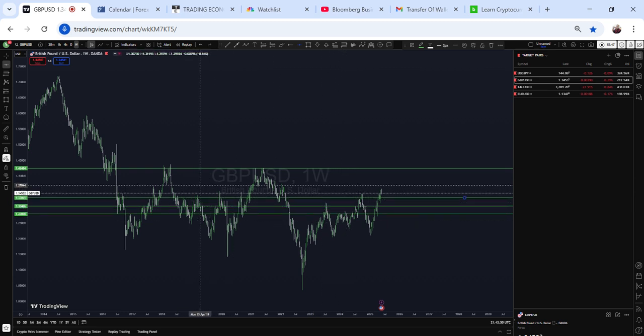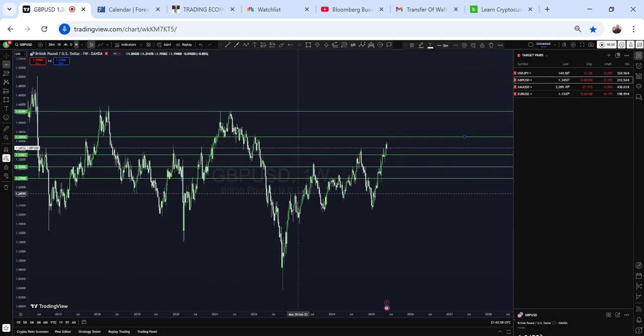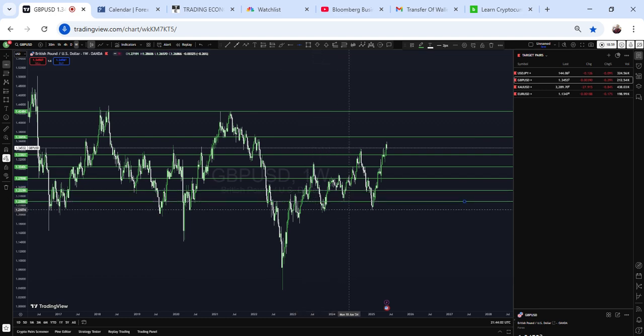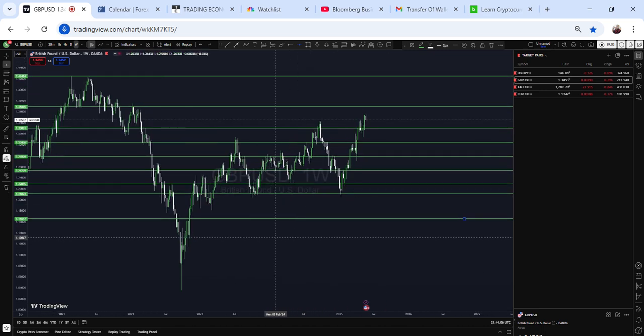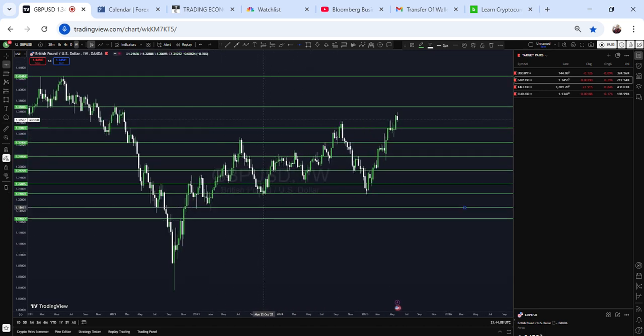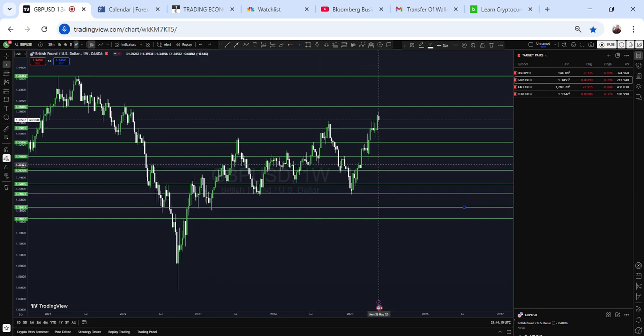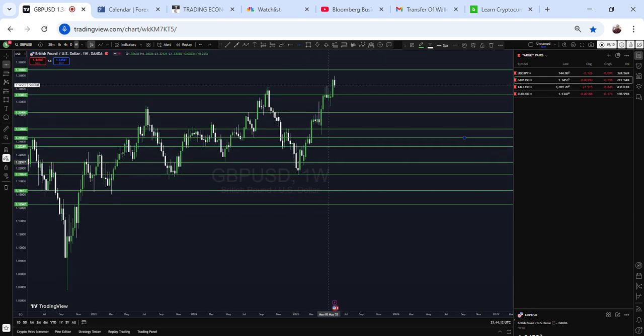These are my various support and resistance levels. Selecting my support and resistances first.